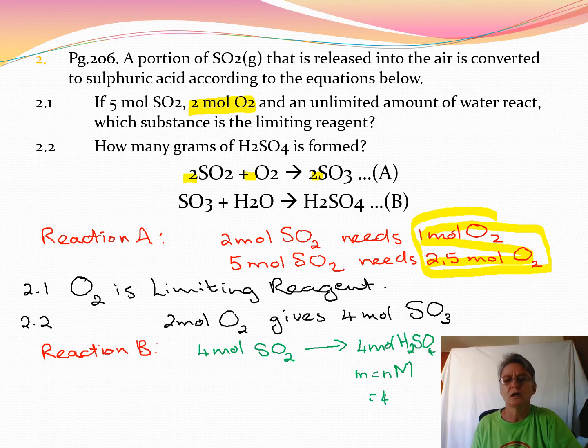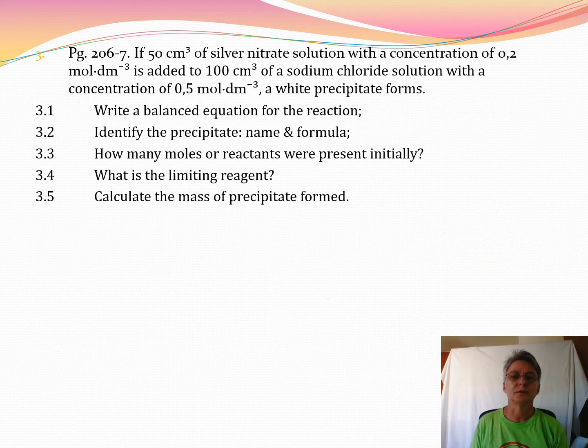So it's 4 times 98, I could be wrong here, 4 times 98 is 392 grams. So it's 2 for hydrogen, I'm just checking myself on the molar mass, plus 32 for sulfur, plus 64 for the 4 oxygens. I was right. Good. Next one.